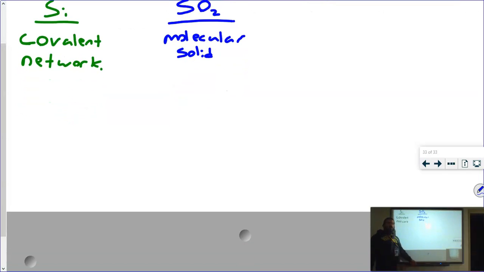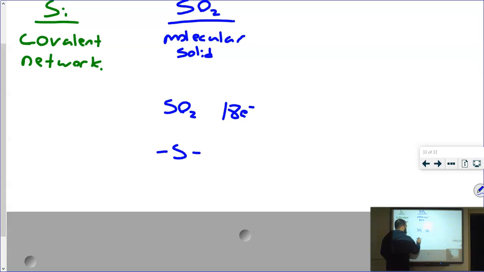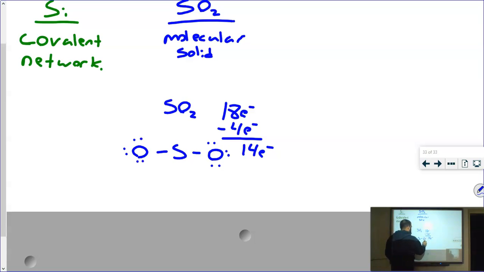That requires a little more thinking. We've done this Lewis diagram before, but I'll do it again. How many total valence electrons? We've got 18. Sulfur's in the middle. 1, 2, 2 bonds, I should say. That's 4 electrons. 14 electrons to go. I'm down to 2.